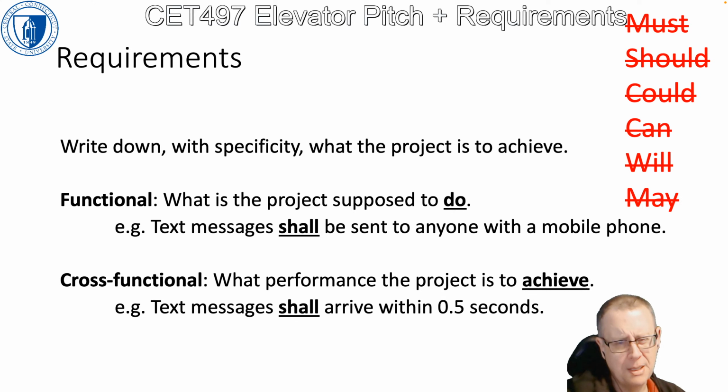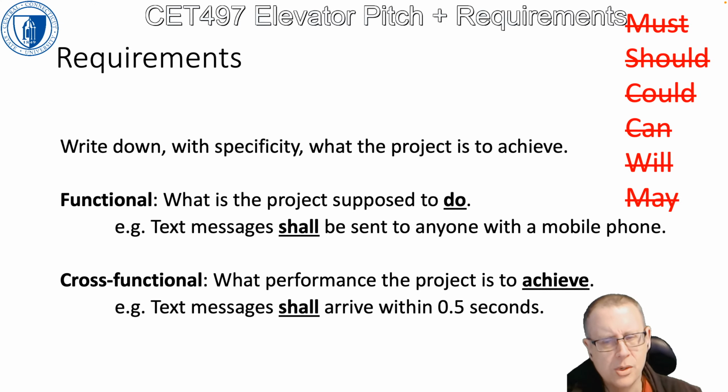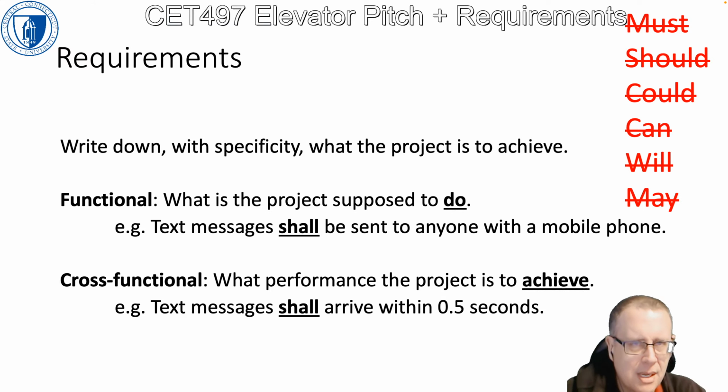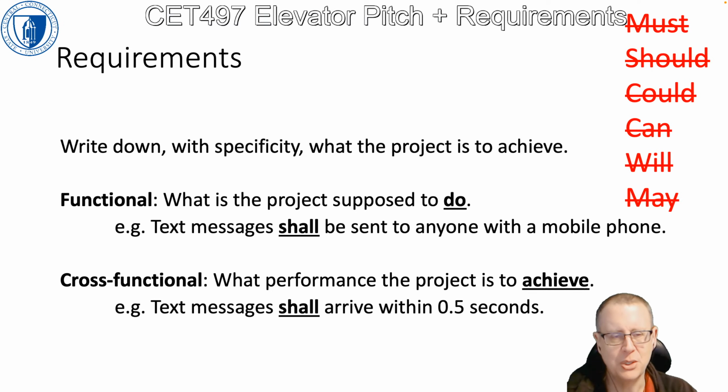Right, so the key point with cross-functional is if it's a performance measure, then you need to have a number associated with it. You can't just say text messages shall arrive quickly. That doesn't cut it. Quickly for one person is an age for somebody else. So you have to have a numerical value associated with any performance metric.